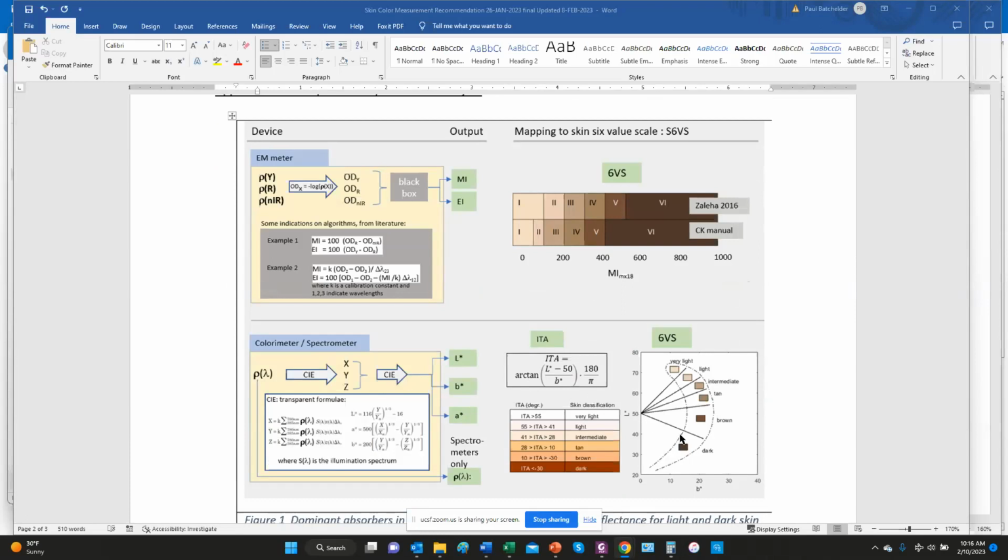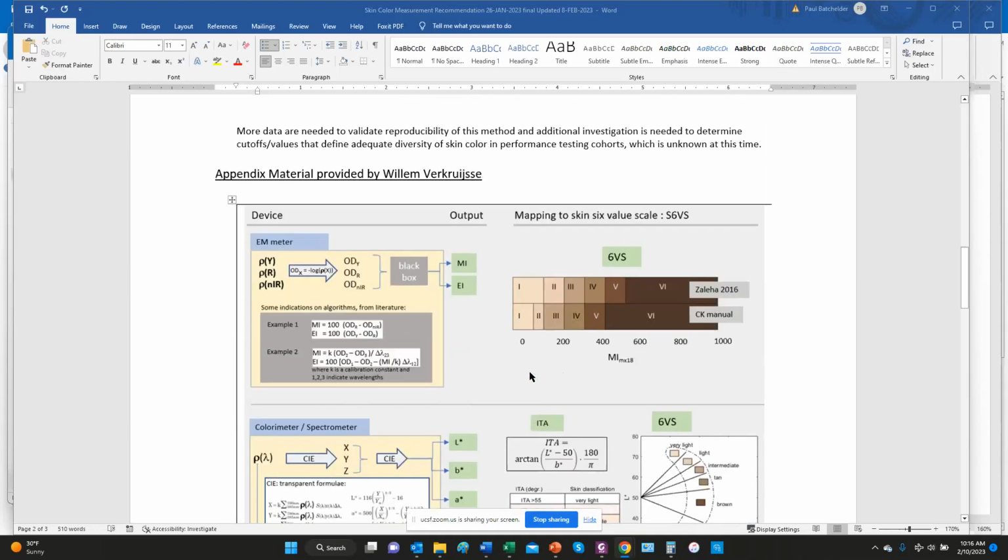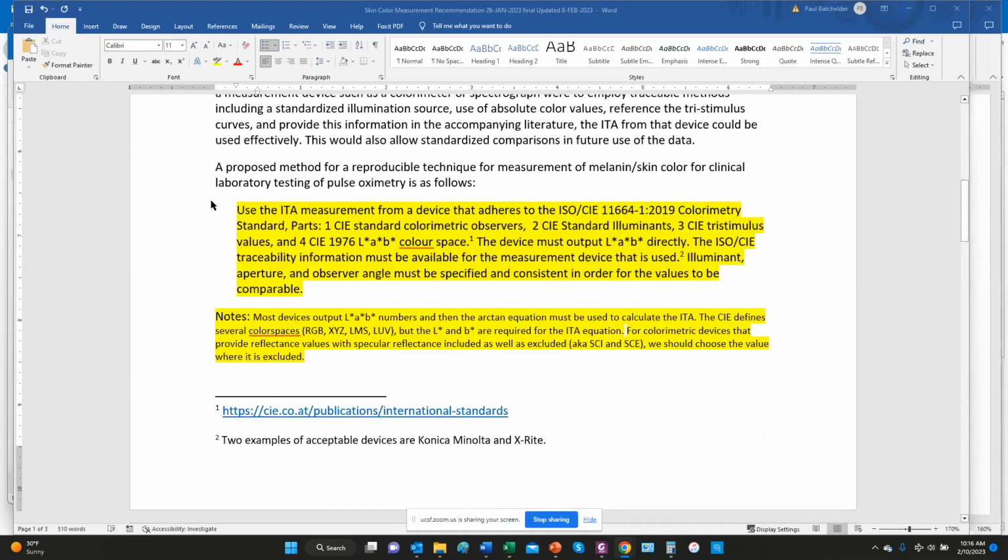And then, so this particular bucketing of the ITA values, it has not been determined. But the point is that we would like all users to have a transferable apples to apples measurement method, and this is what we came up with.